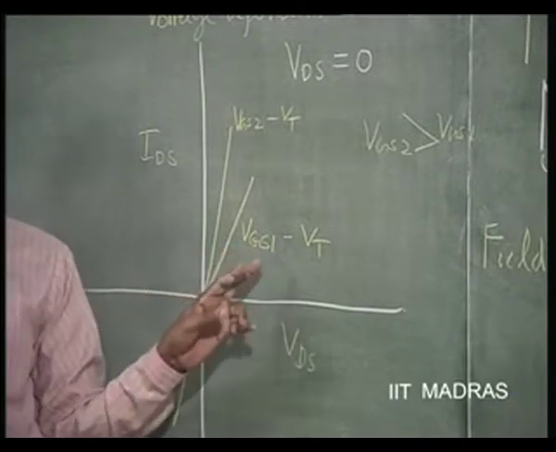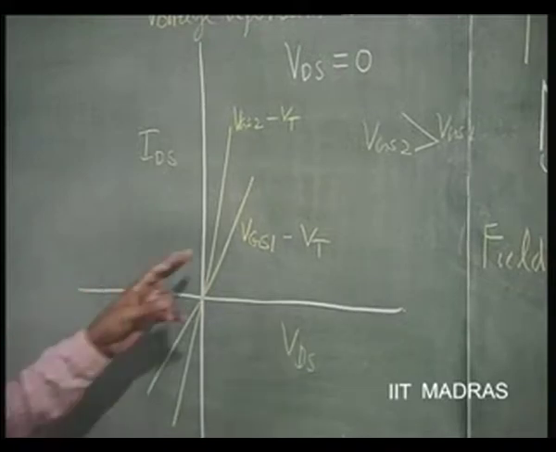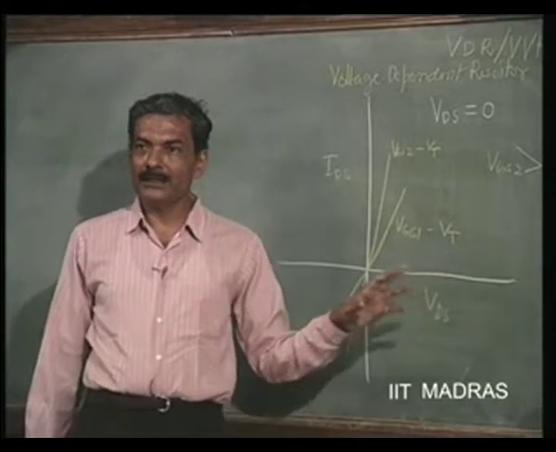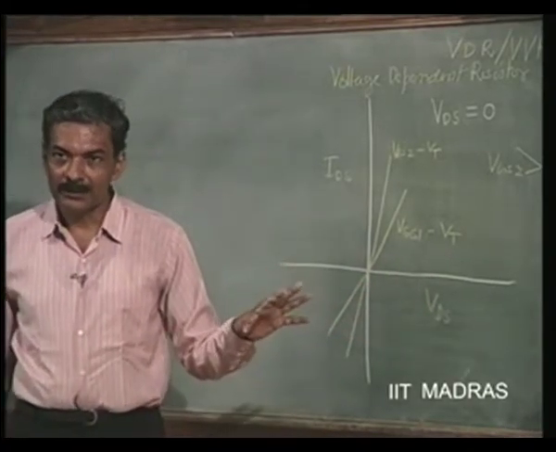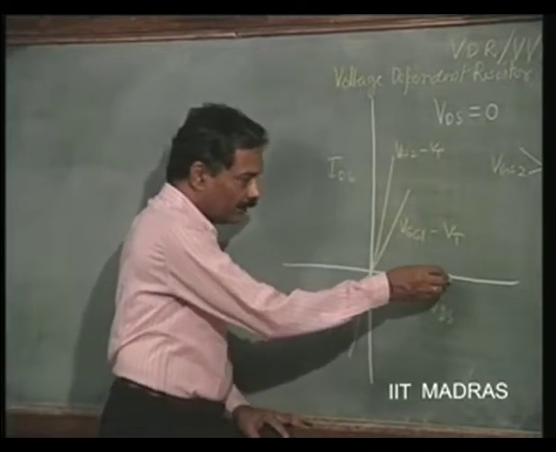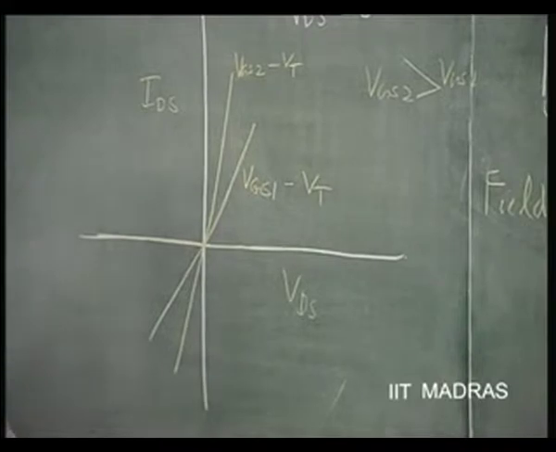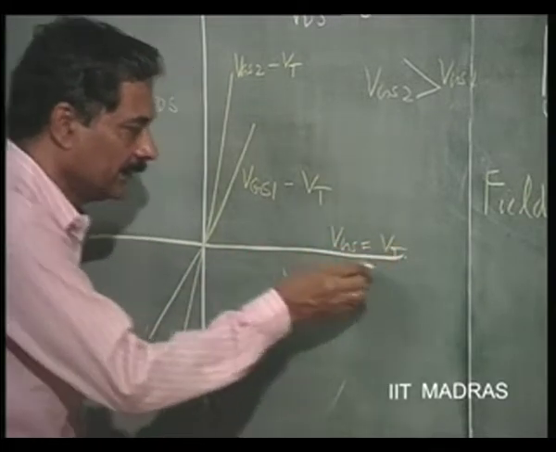For VGS equal to VT, what will be the characteristic? The channel is just getting formulated, current is just starting to flow. That means almost nearly 0 current. This corresponds to VGS equal to VT.